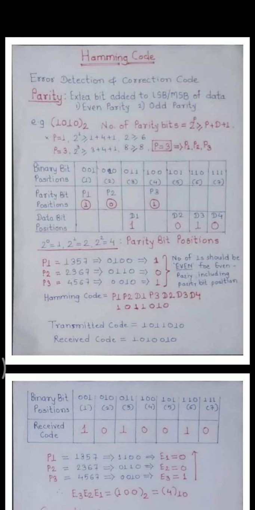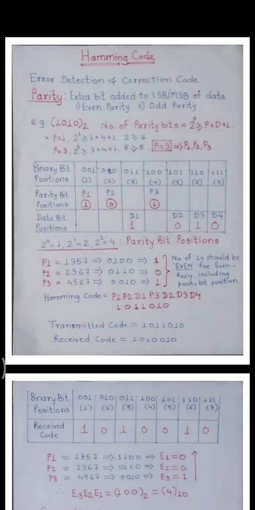So 011, third position, is for D1, 101, fifth position, is for D2, 110, sixth position, is for D3, and 111, seventh position, is for D4. Okay, now these are the positions of parity and data in the Hamming code, which is the fixed format, fixed pattern for any Hamming code for 4-bit data again.